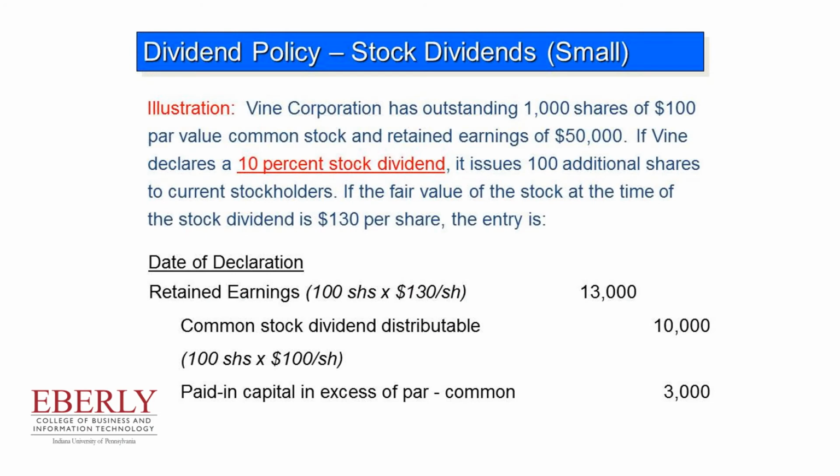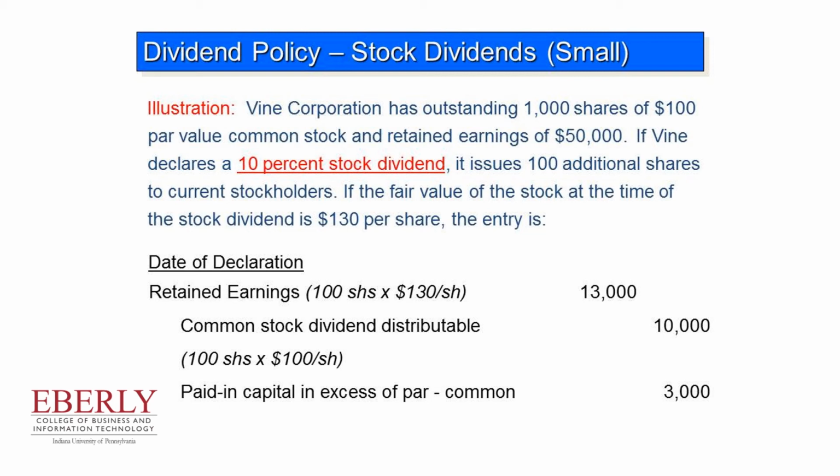So in this illustration, you see that Vine Corporation has 1,000 shares of $100 par value per share outstanding, and it has retained earnings of $50,000. So now if Vine Corporation declares a 10% stock dividend, very simply speaking, 10% is less than 20 to 25%. So this is a small stock dividend.